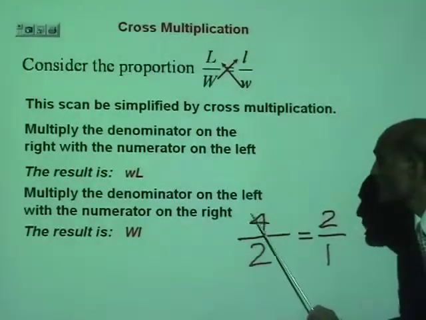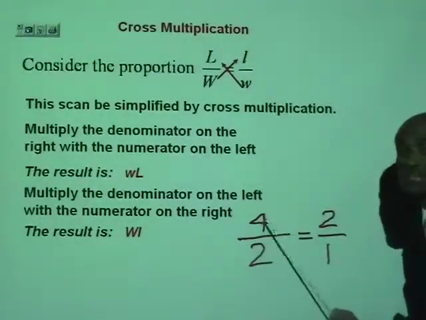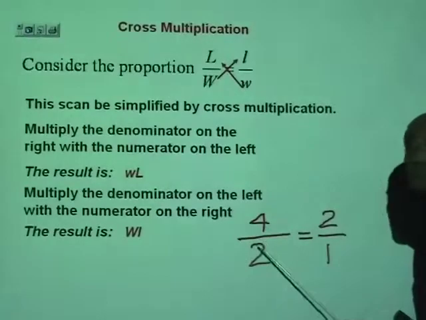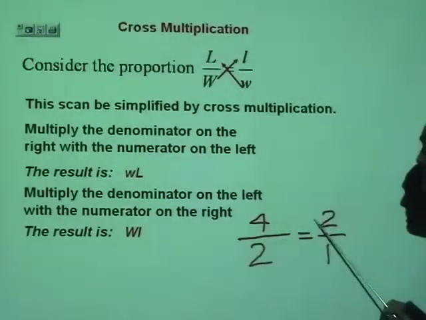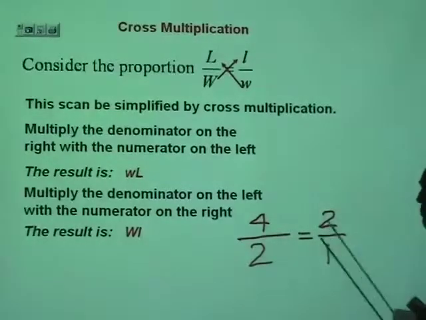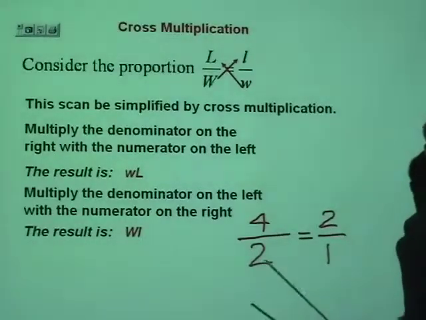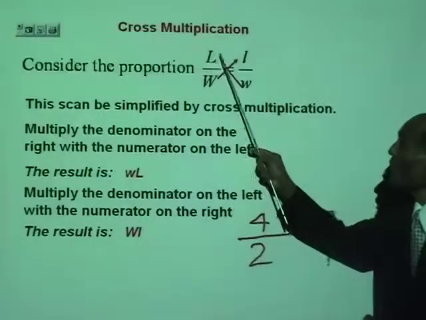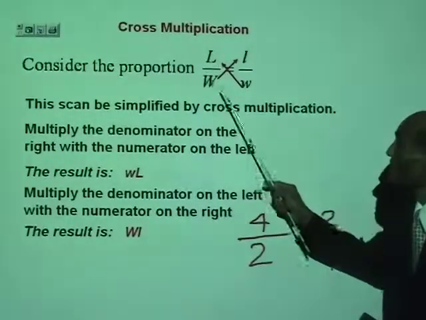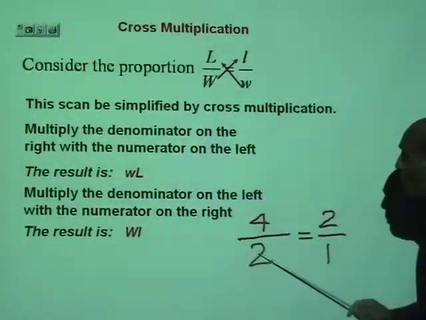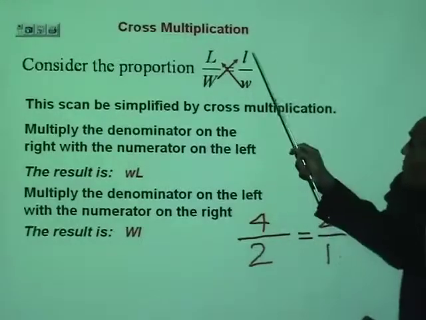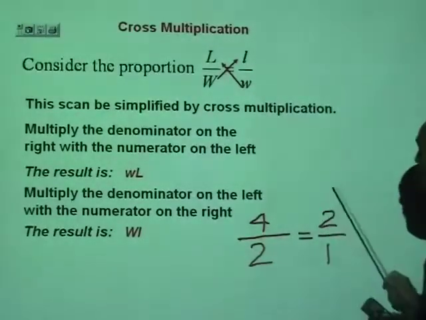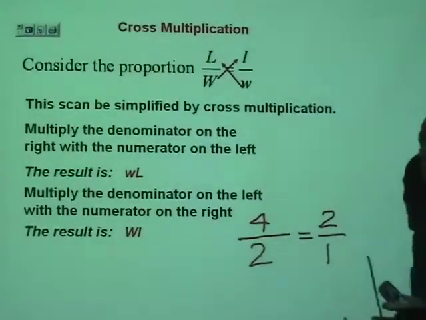The first rectangle had a length of 4 centimeter and a width of 2 centimeter. The second rectangle had a length of 2 centimeter and a width of 1 centimeter. Alright, so big L divided by big W is 4 over 2, should be equal to small l divided by small w, which is 2 over 1.